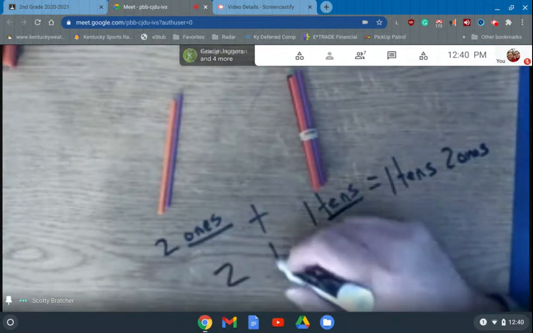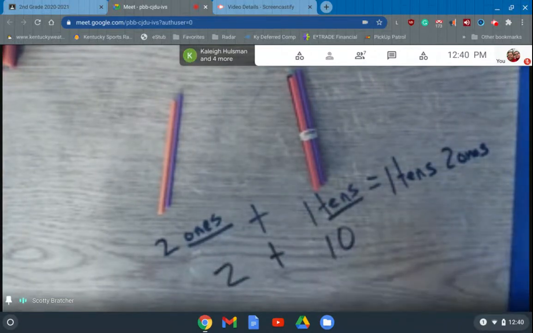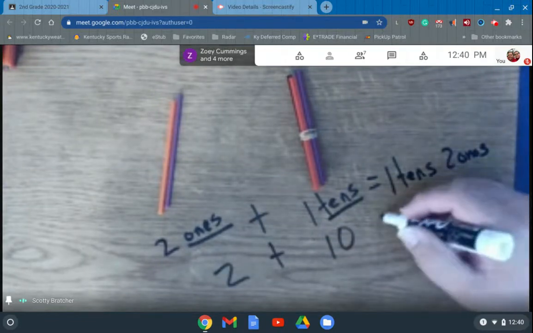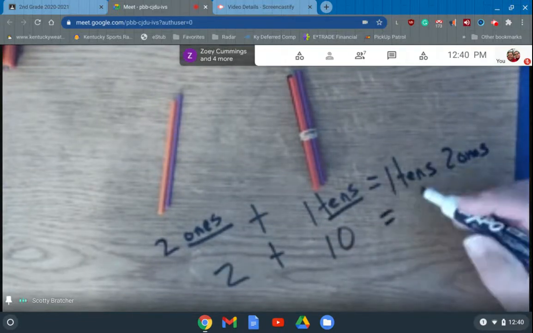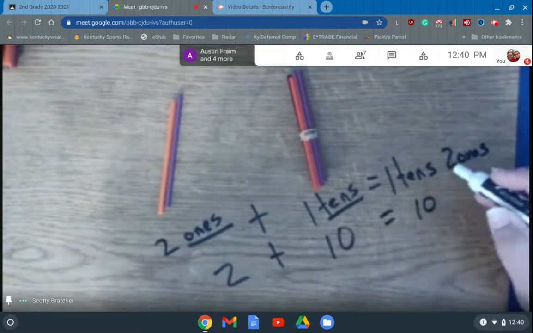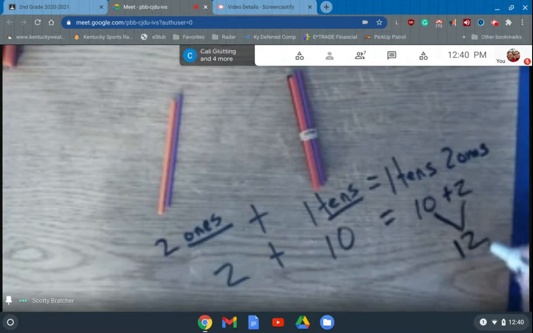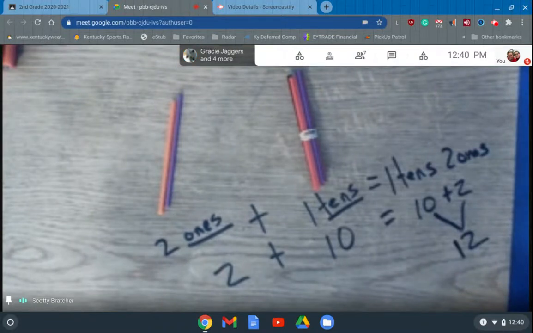Okay, so Zoe originally told me she knew that 10 plus 2 was 12. Okay, so what I got over here is 1 10 and a 2. And when I put it together, I get 12. Okay, so our thinking's a little bit different today because some ones showed up.